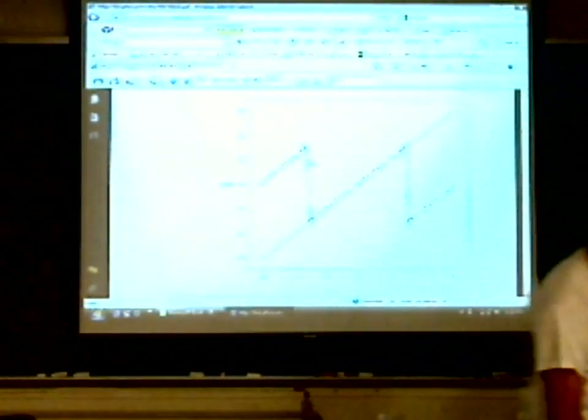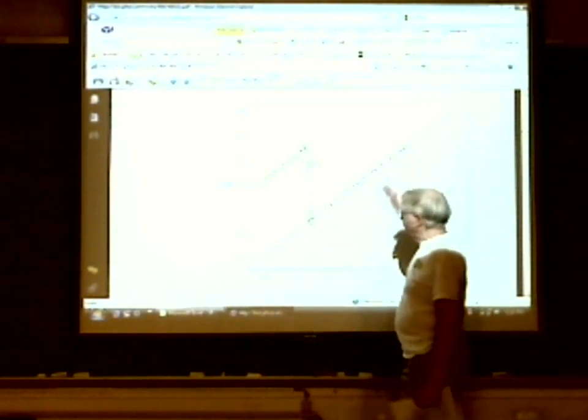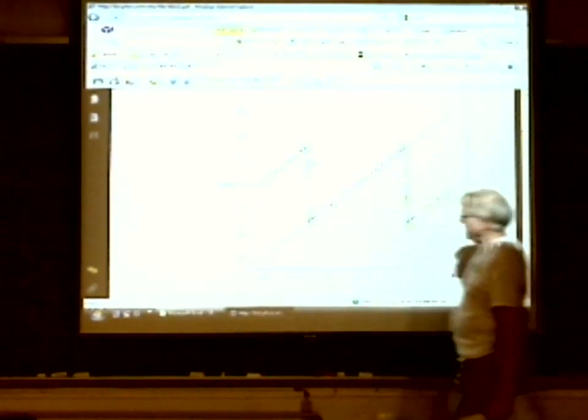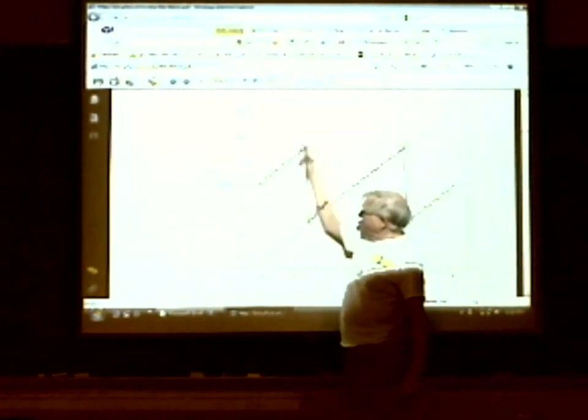Okay, so let's look at these series. Here's what we see: between minus pi and pi, it's okay. But then the Fourier series drops down, or jumps up, in order to be periodic.